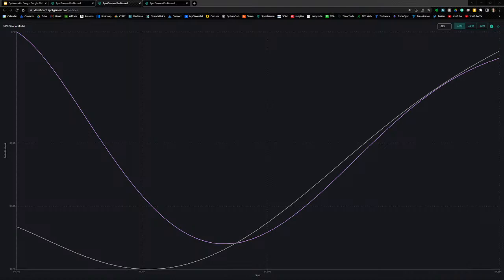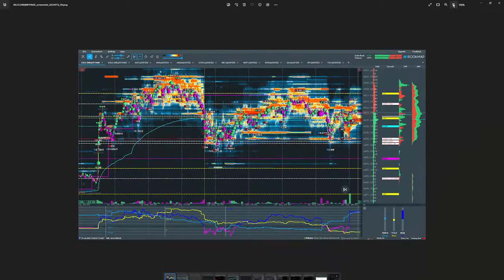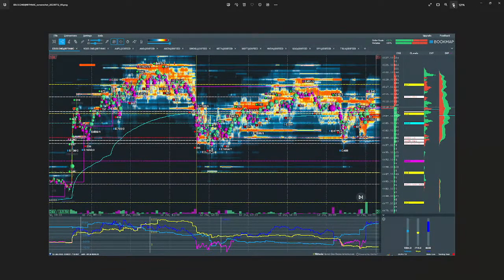And let me bring that chart up again. So the way to use that in your trading is giving you more confidence to fade this high move.